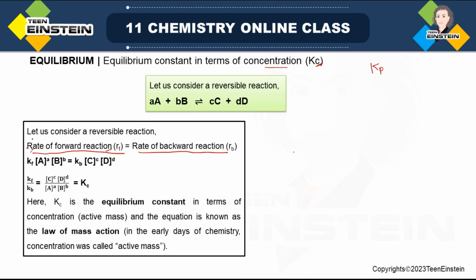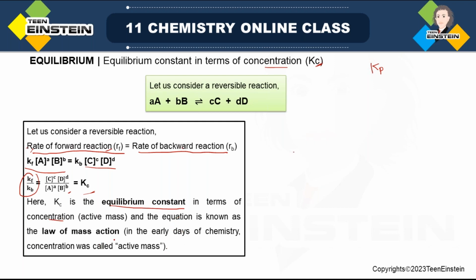If we apply this, obviously these two will be the same. Now if we take the ratio Kf divided by Kb, then on the right-hand side you will get this ratio, and this Kf by Kb we are now writing as Kc, and this is known as the equilibrium constant, and it is in terms of concentration.